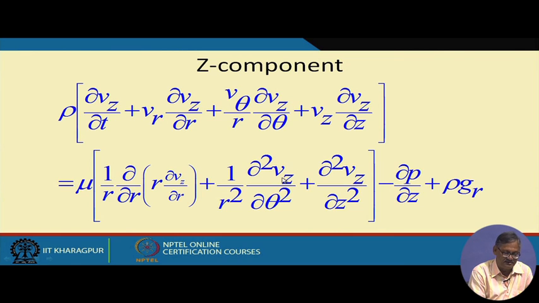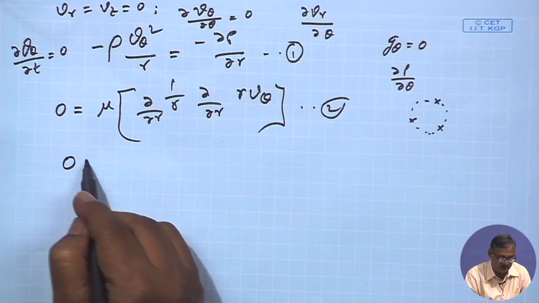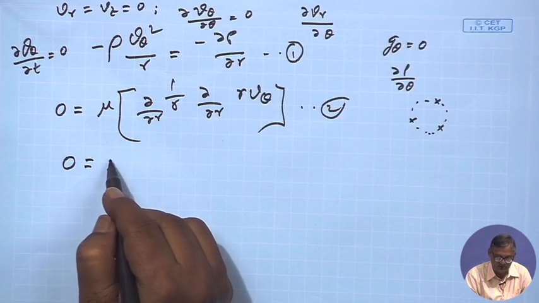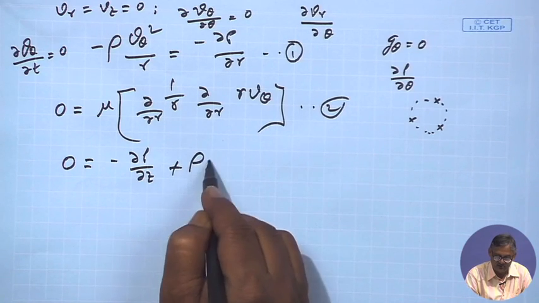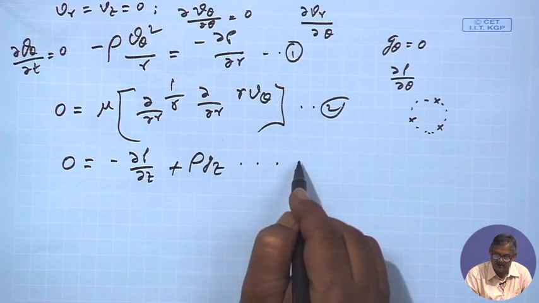Del 2 Vz del theta square is also 0, del 2 Vz del z square is 0, but minus del p del z plus rho g z, this term here should be rho g z, right. So, this term is there.